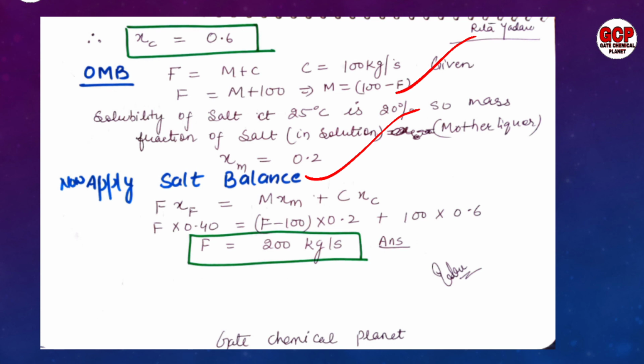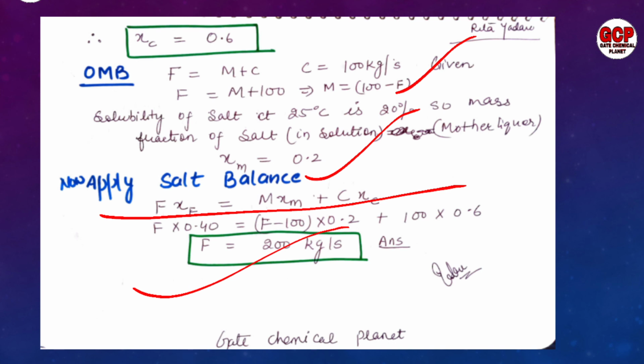After putting in the salt balance equation, we get F times xf equals M xm plus C xc. After putting in all the values, because we have xf, which is 40%, and xm from the solubility data given, and xc we have already calculated, we get F equals 200 kilograms per second.